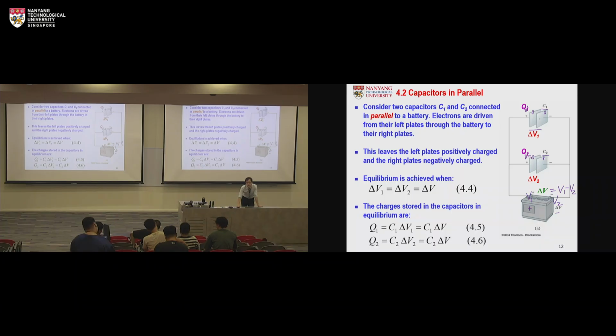Right? So you will have this delta V along this direction, and also E along this direction. And the same, you will have here delta V. Sorry, I should use, let's say, delta V1 prime, delta V2 prime.